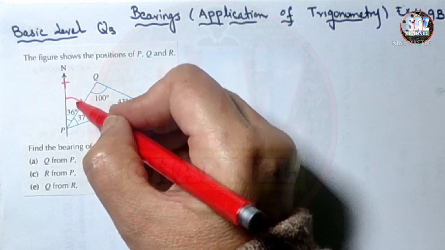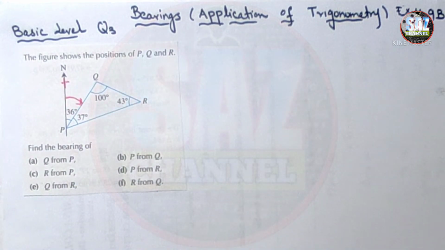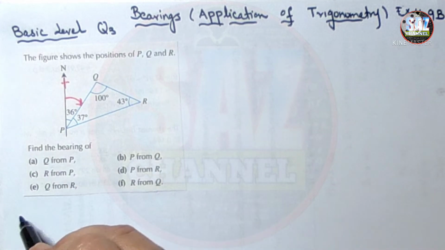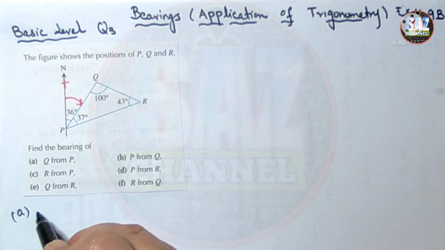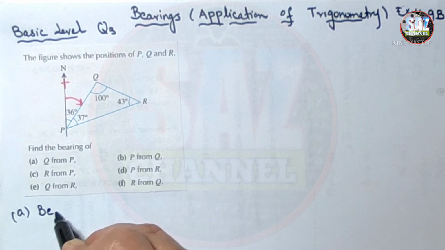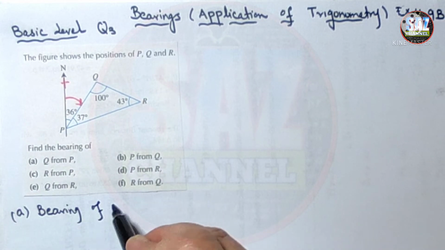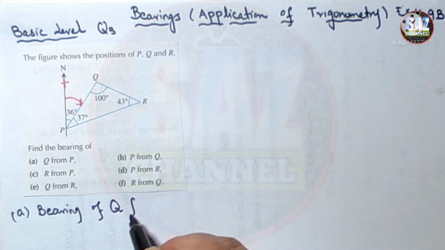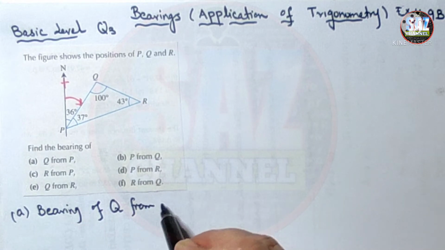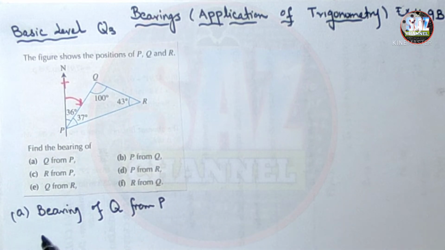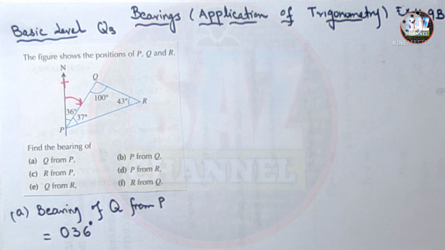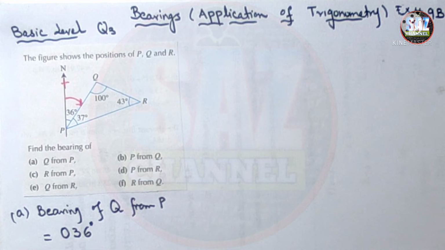We can see that this angle is already given to us. So the bearing of Q from P is 036 degrees. And what is the reason for writing 036 degrees? We know that we have to give our answer to 3 digits for the bearings if they are not.